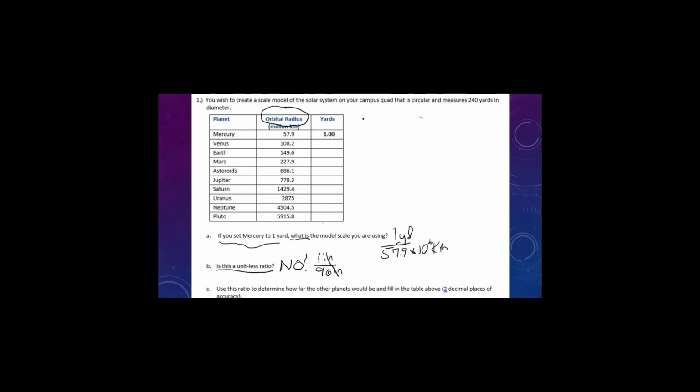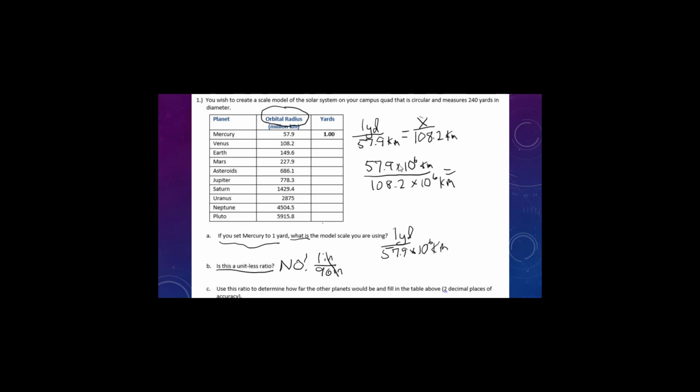Okay, so we can just say, okay, 1 yard is to 57.9 million kilometers, as I don't know how many yards, and now I'm doing Venus, is to 108.2 million kilometers. I don't have to use the millions of kilometers because they would essentially cancel. Let me show you that.